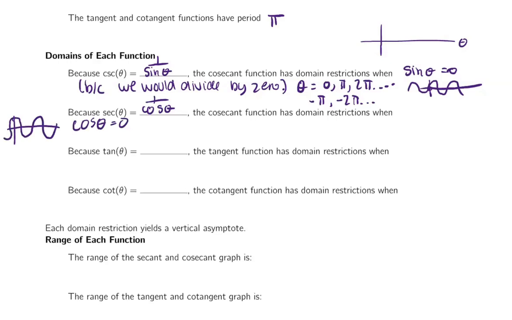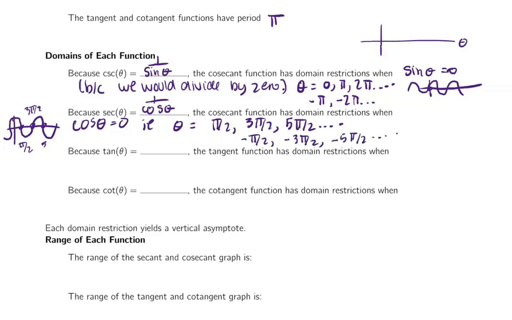Its zeros are things like pi over 2, 3 pi over 2, and 5 pi over 2, and so on. So at theta equals pi over 2, 3 pi over 2, 5 pi over 2, dot dot dot, and also things like negative pi over 2, negative 3 pi over 2, and negative 5 pi over 2, dot dot dot.